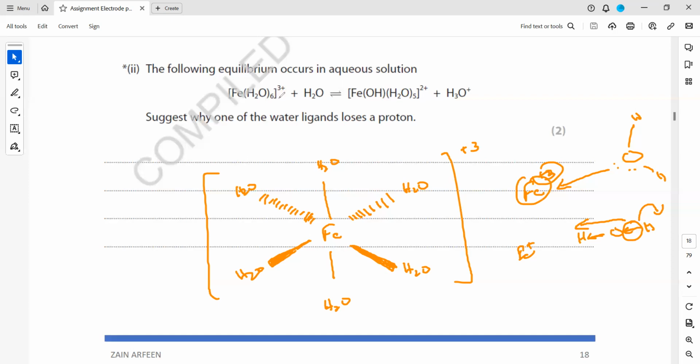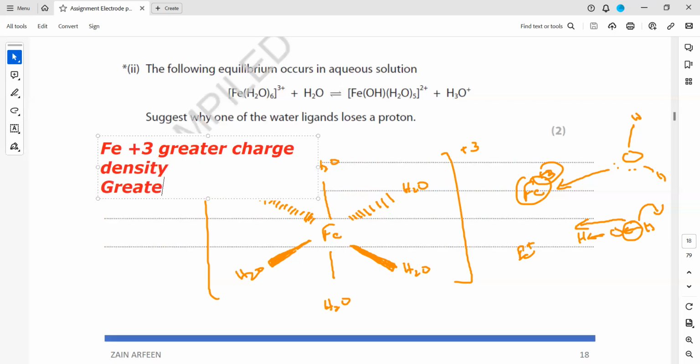As you can see here, there were 6 water molecules, but one of the waters loses a proton. Why does one of the waters lose a proton? The reason is that iron 3 has a greater charge density, and as a result of a greater charge density, it causes greater distortion to the water molecule.